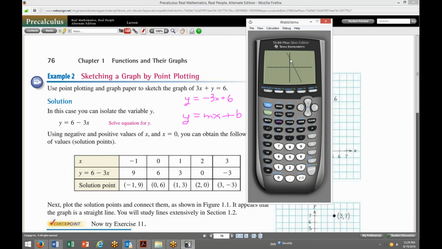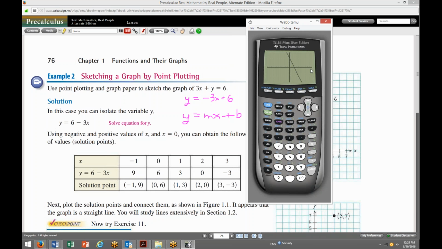Starting at 6 on the y-axis, as x increases by 2, y drops by 6, 3 times 2, such that when x equals 2, y is 0. So we now have both intercepts figured out. The y-intercept is (0, 6), and the x-intercept is (2, 0).